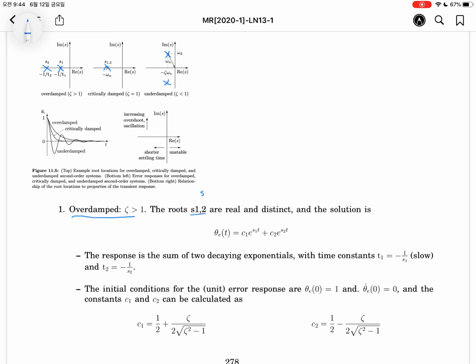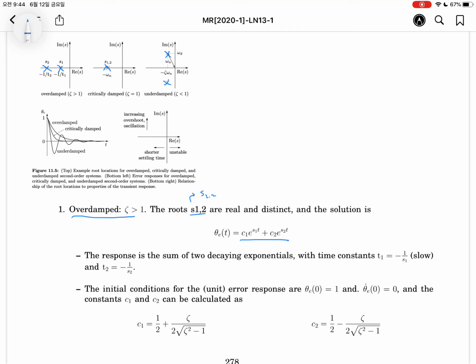The overdamped case, I'm sorry, it is S subscript 1 or 2, that is a typo. S1 or 2 real and distinct, and the solution will be two exponentials. It's not difficult.